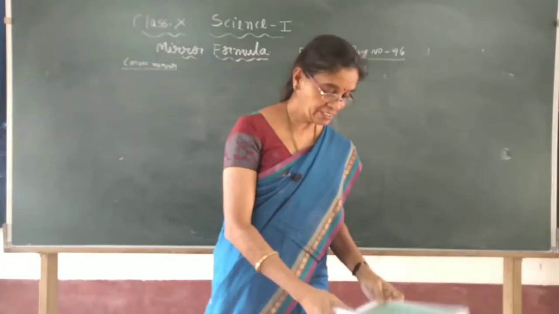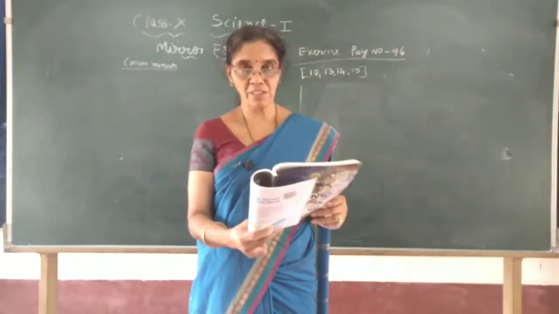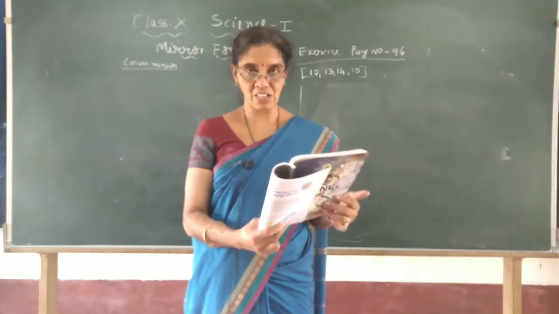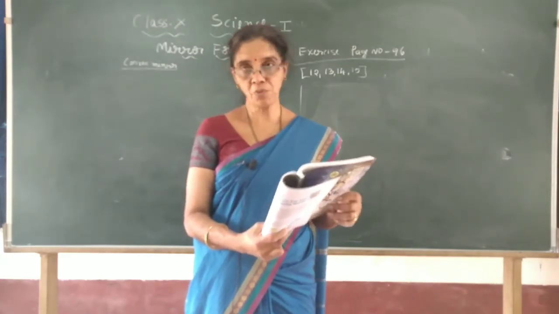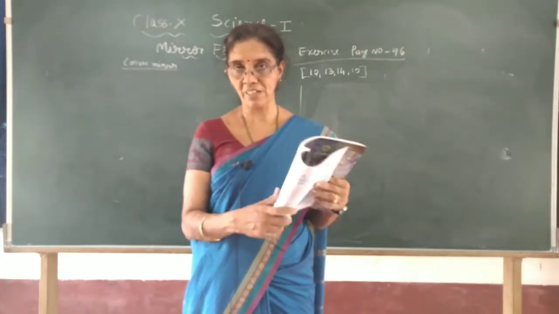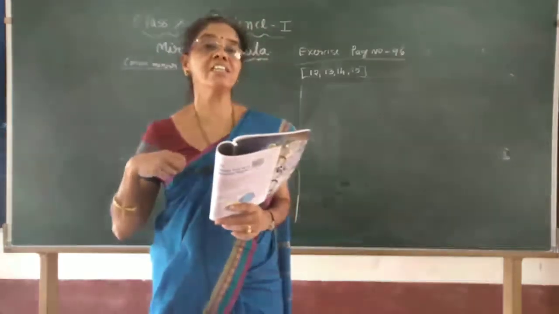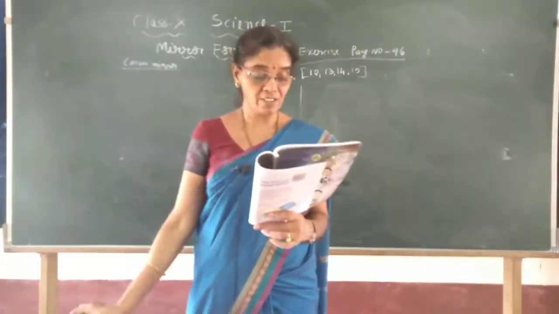Now the 14th is again a convex mirror. One problem I already did. If time is there, we will see. Now the 15th problem is related to the concave mirror, so we will take that one. I will read out the question. You see what the textbook has given.